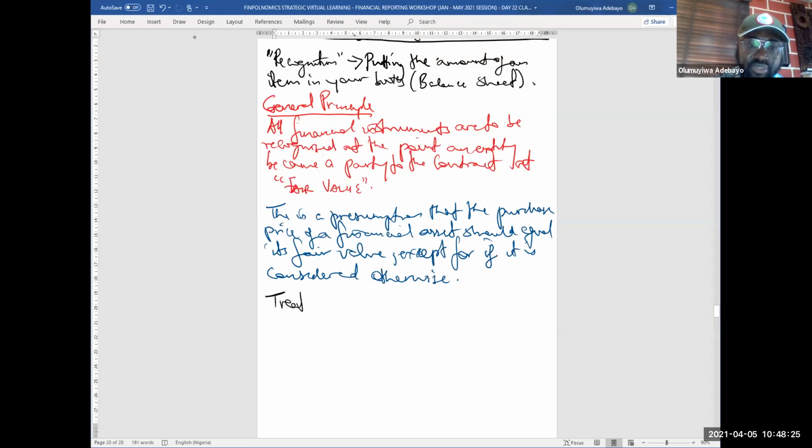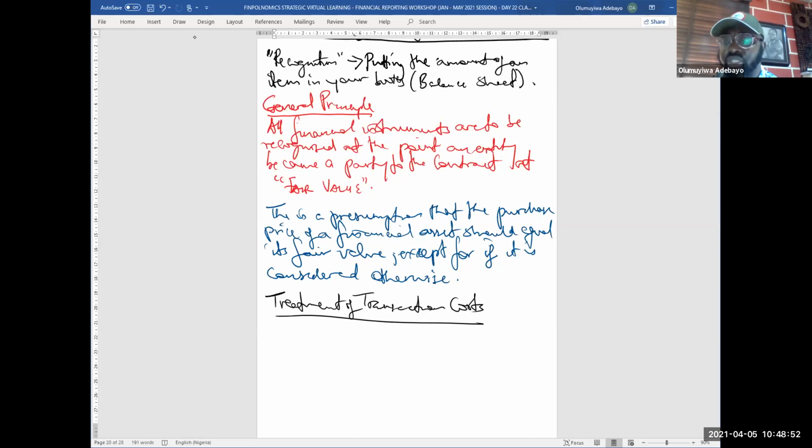The treatment of transaction costs. Remember, we said when we want to determine fair value, transaction cost is not a consideration. The consideration is the market value less the transportation cost, if any.